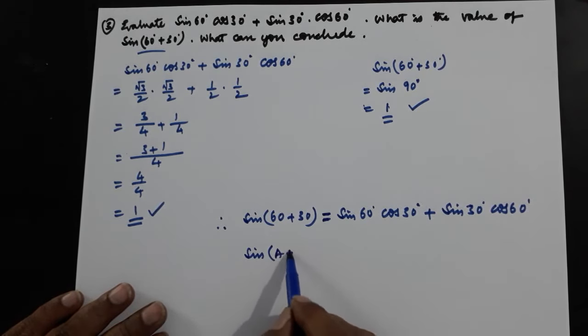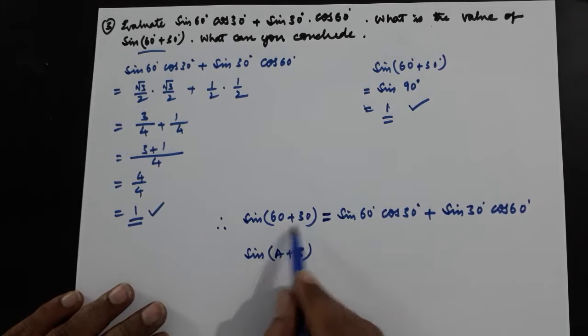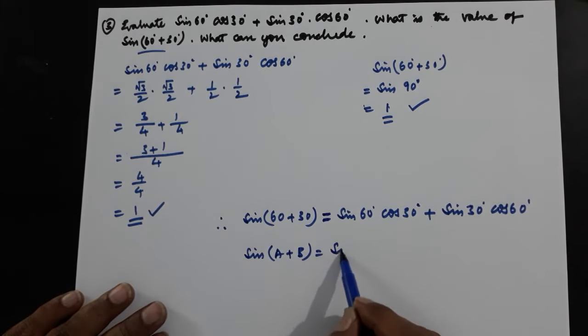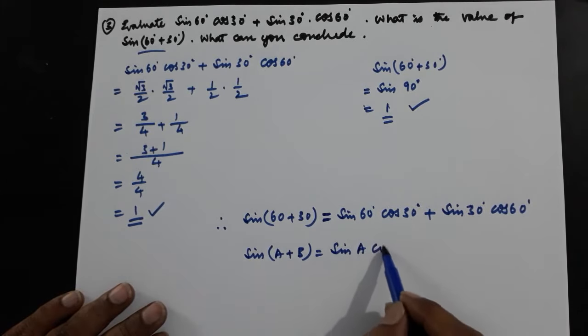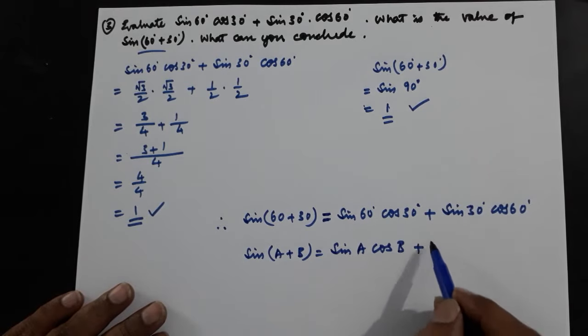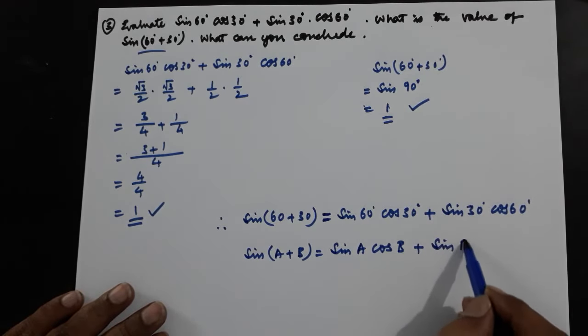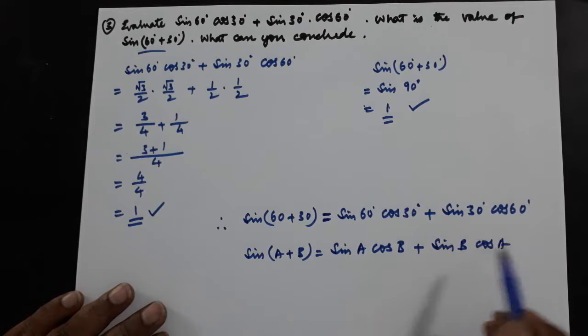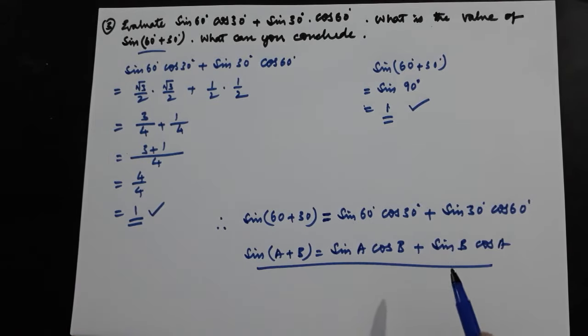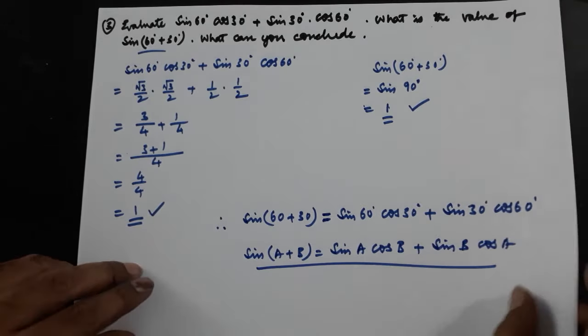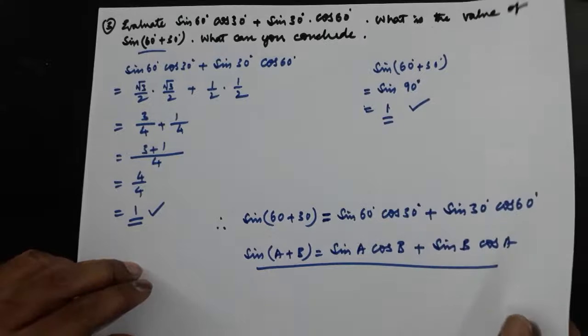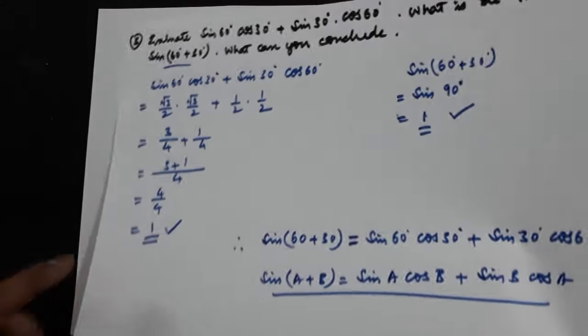Sin A plus B equals sin A cos B plus sin B cos A. This is a formula actually. This will come across in the later stages. Okay, understood?